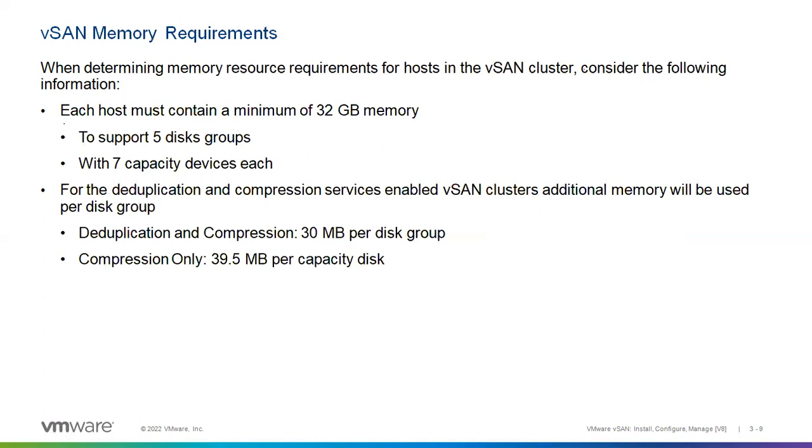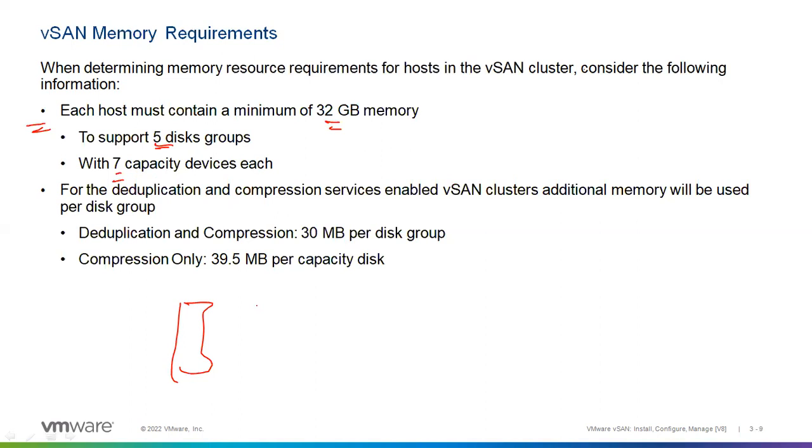From the memory requirement, each host must contain, as we say, 32 GB minimum, at least for vSAN operations, to support a maximum of 5 disk groups with a capacity of 7. It's again simple mathematics that we talked about last time also.